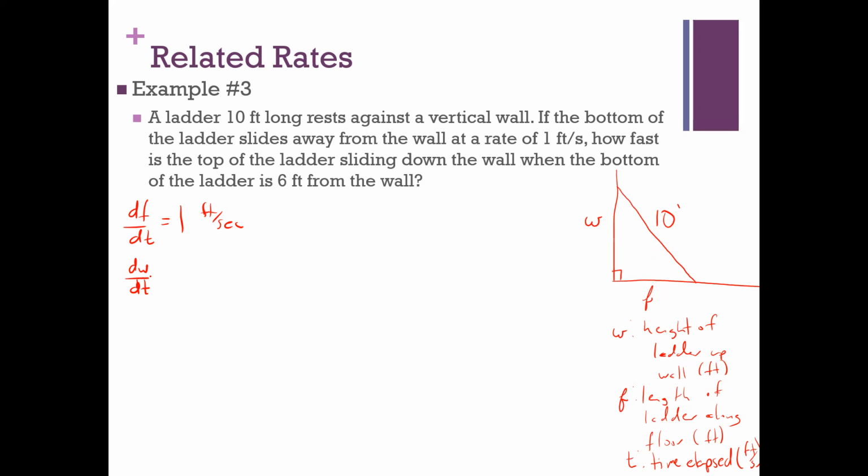So, just another cautionary, this is one thing that's really hard to wrestle with: when am I dealing with a variable versus a rate? So I know dF/dt. I want dW/dt. I think I have a pretty good idea on how these things are all related.